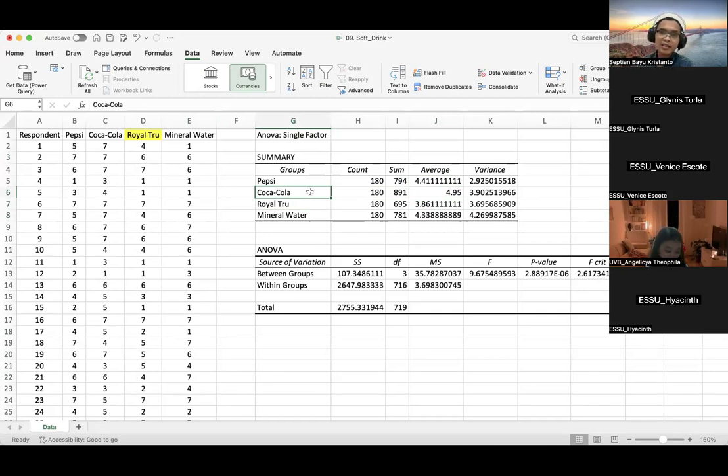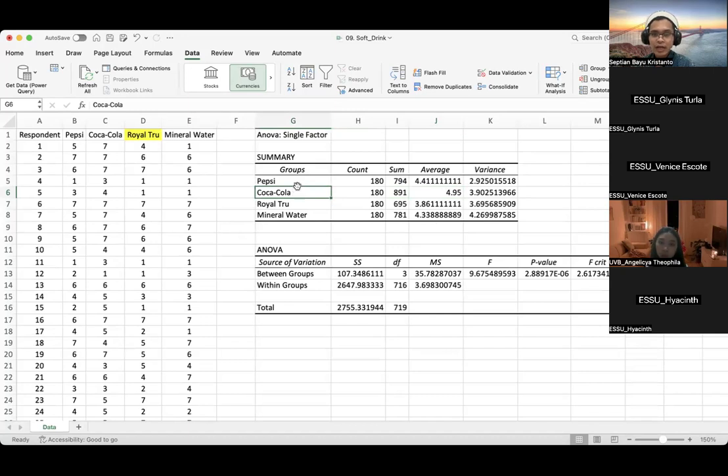People in any country have tasted Coca-Cola and they will agree on the same taste. This is the first one, the highest average preference in our analysis. The second one is Pepsi.